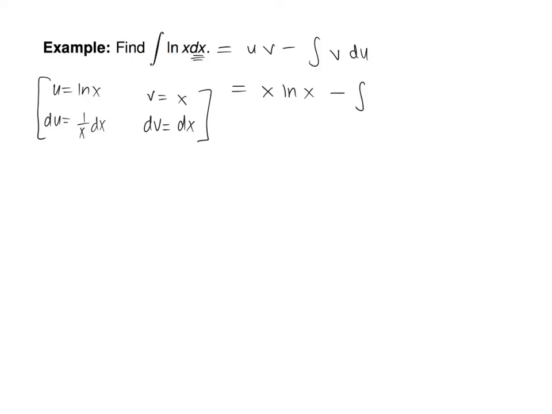Minus the integral, v is x, du is 1 over x dx, and well, what's x times 1 over x? 1. So x ln x minus the integral of 1 dx, because they cancel, yep, x times 1 over x makes 1, right?